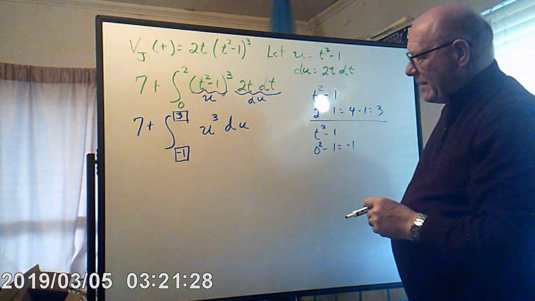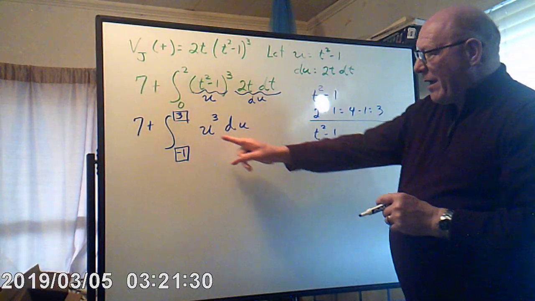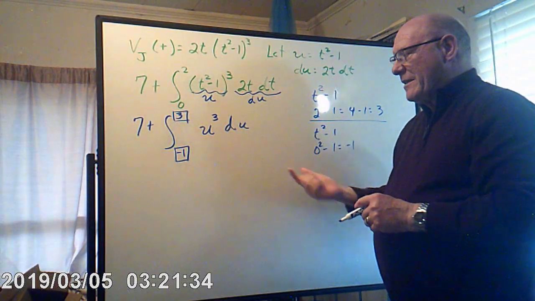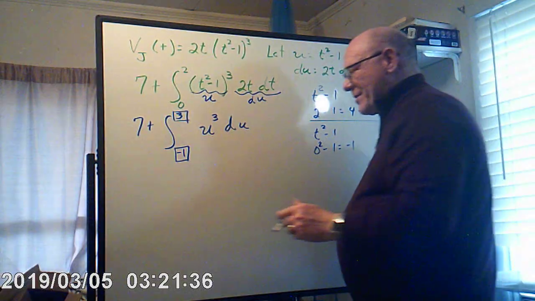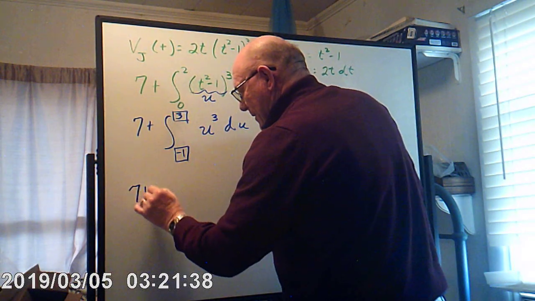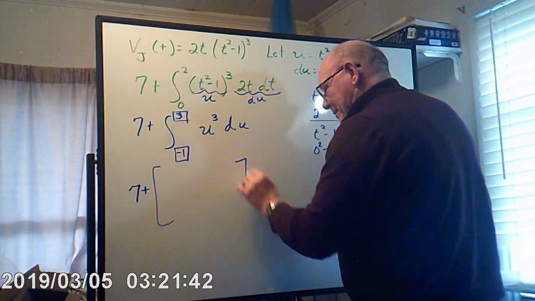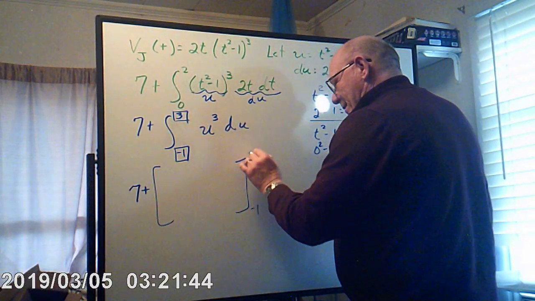Now we can just use u instead of t, and we're going to get the same answer. So 7 plus the integral from negative 1 to 3.